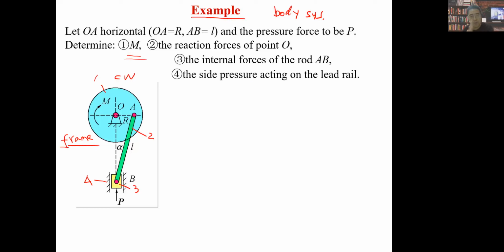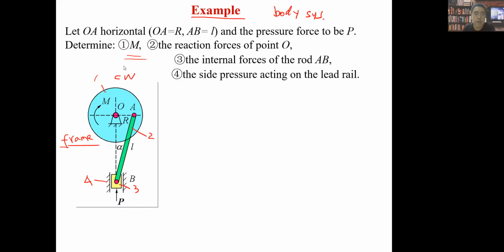We should find some clue to figure the questions out. Do you guys still remember what we do when we encounter a part from a body system? We can look at this bar AB. It's a straight line that only has forces at point A and point B, because there is no gravitational force acting on this bar AB.